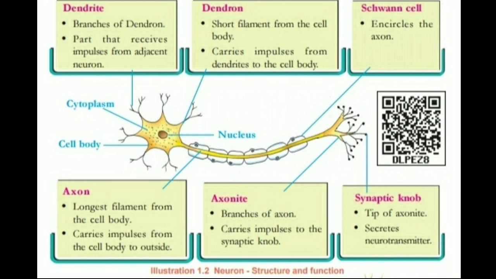Axonites are the branches of the axon. They carry impulses to the synaptic knob. The bulged synaptic knob secretes a chemical substance called neurotransmitter. It is essential for the transmission of impulses from one neuron to another neuron.